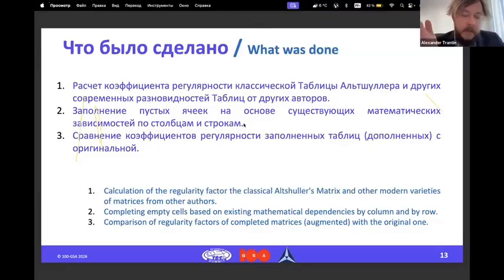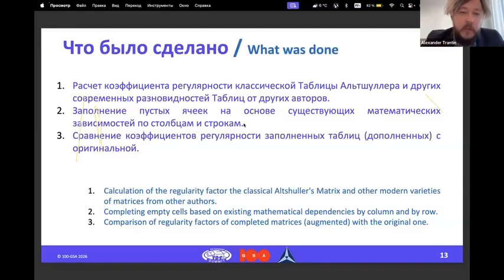And this matrix, well, this is the same classic 39 by 39. In the course of the first stage of our work, we made some steps. First of all, we calculated the classical ratio, and in order to verify our hypothesis, we also calculated ratios for other metrics which are also used in the whole world.